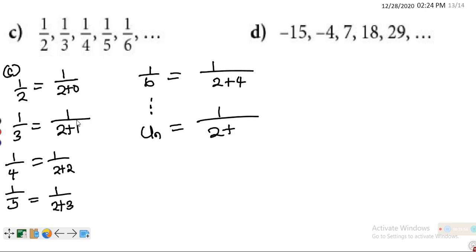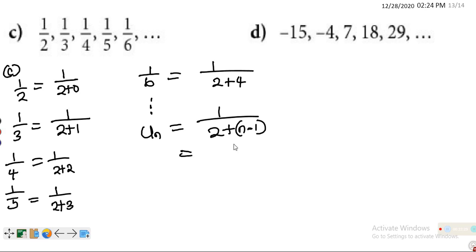What are we getting there? This is n minus 1. For the first term we have 2 plus 0, for the second term we have 2 plus 1, so this is 2 plus n minus 1. Yeah, that will give us this: first term, second term, third term, fourth term, fifth term, sixth term.